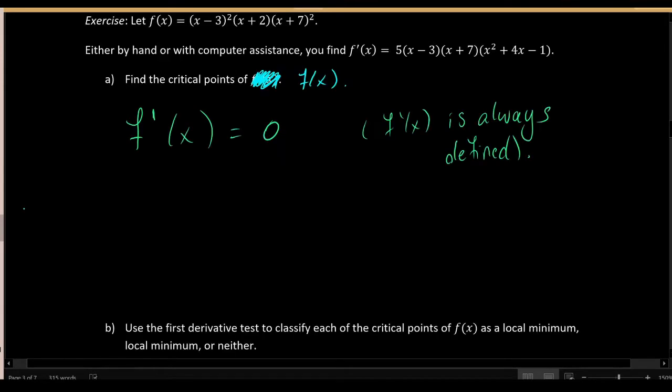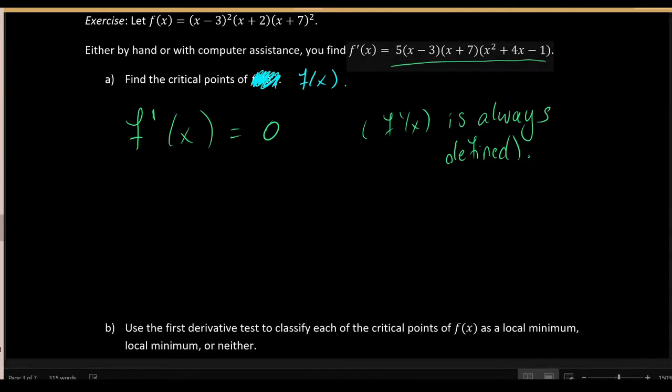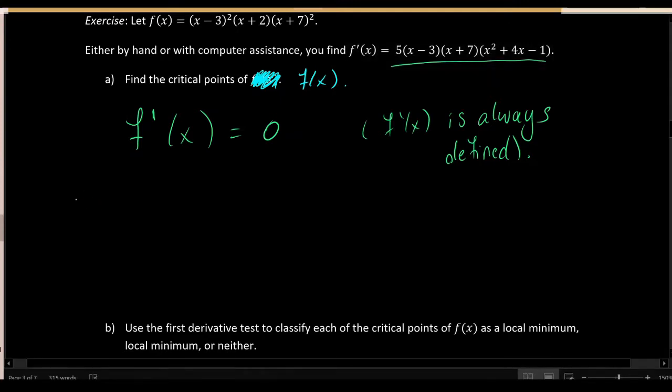So now let's use the zero product property, which says that if this big mess is going to equal 0, then there are really only three possibilities. Either the factor x minus 3 can be 0, or the factor x plus 7 can be 0, or the quadratic factor x squared plus 4x minus 1 can be 0.